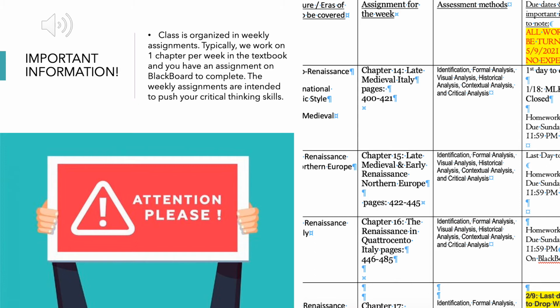Class is organized into weekly assignments, and typically we work on one chapter per week in the textbook. You have an assignment on Blackboard to complete every single week. We did just go over that, but I'll go over it again. The weekly assignments are intended to push your critical thinking skills. I have lots of students who get very upset when they lose a few points here and a few points there on their weekly assignments.